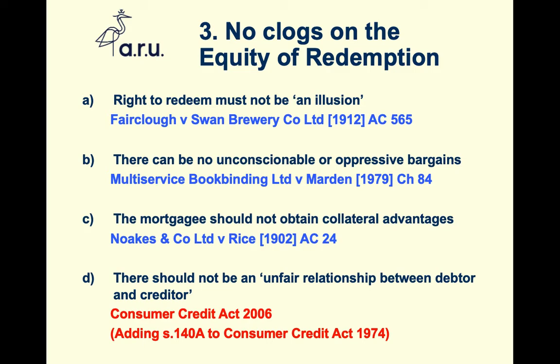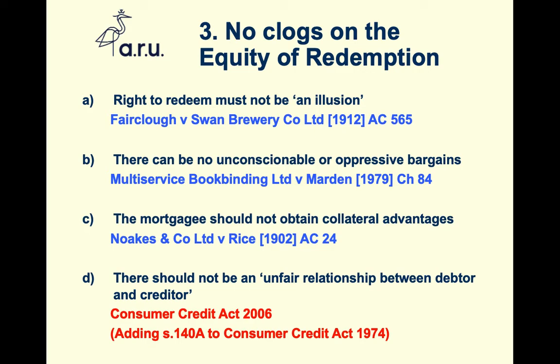So in Multiservice, we can see that there wasn't deemed to be any wrongdoing, because in that case we had two business people with independent advice from solicitors. However, courts don't look to reasonable, they look at whether there's oppressive conduct, bearing in mind the influence on the idea of freedom of contract and how equal the parties are.